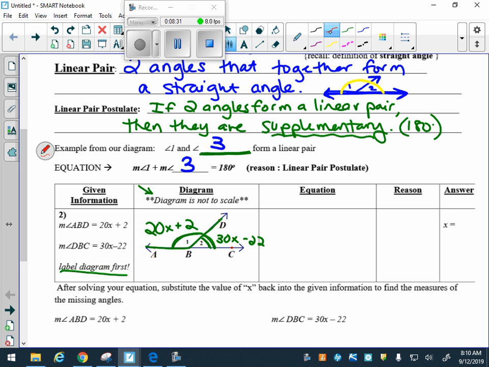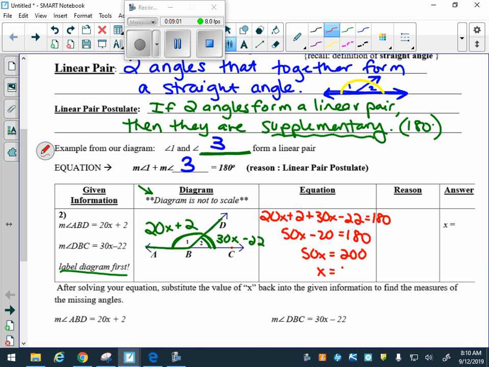All right, so what equation could I write here? Ben. Good. All right, then we combine like terms. We get 50x minus 20 equals 180. Add 20 to both sides.